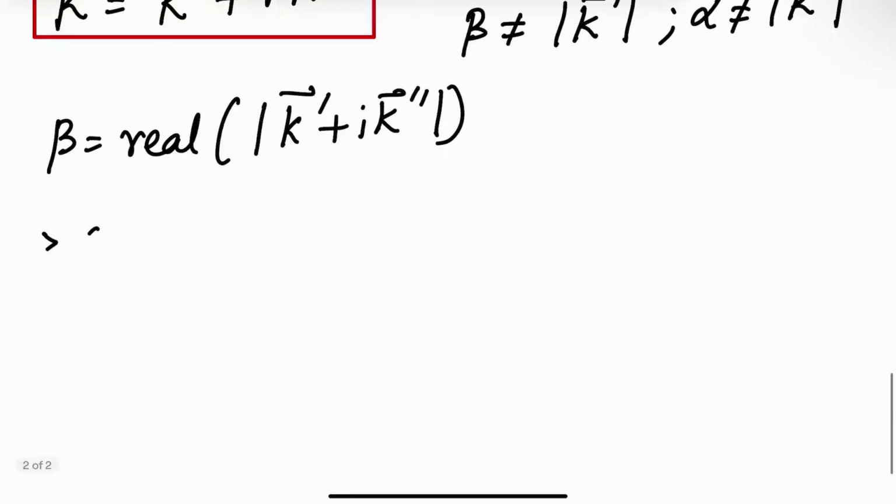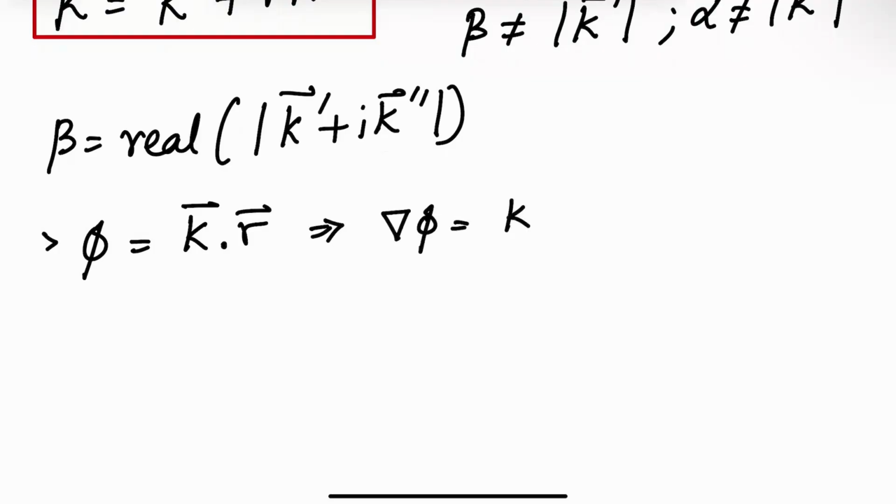We saw that the phase for a plane wave, phi, is the term k dot r, and that the gradient of the phase is nothing but k. So k, when it was real at least, represented the direction of propagation of the phase. But now that k is complex, what does this mean? What does complex direction really mean?